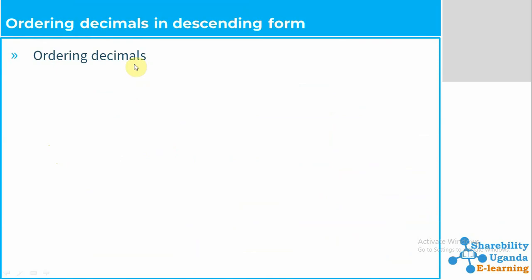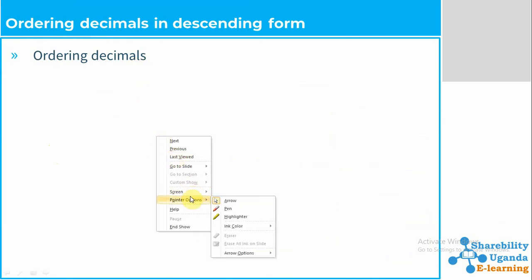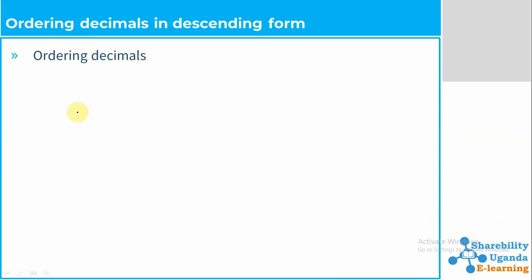Okay, so let's get a pen here. So we are saying we have our number. We can write here our solution. Solution number 3.